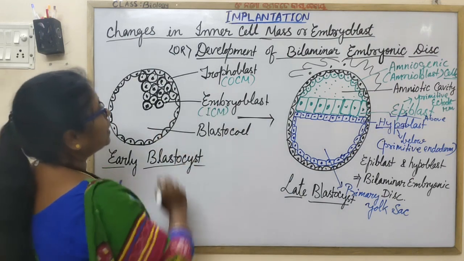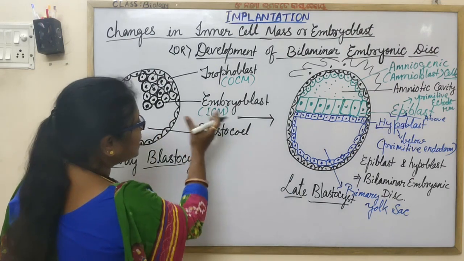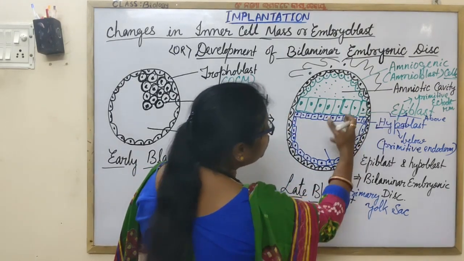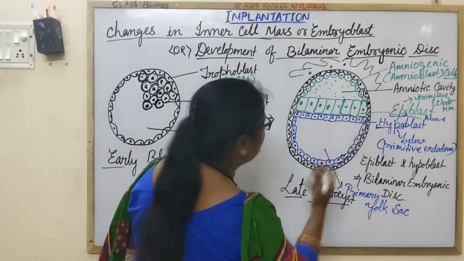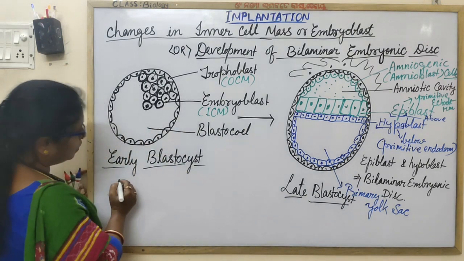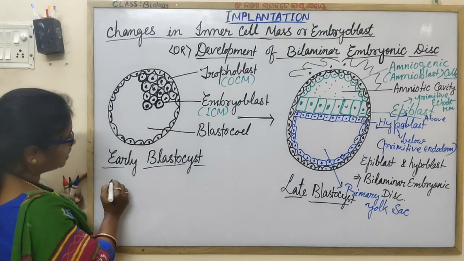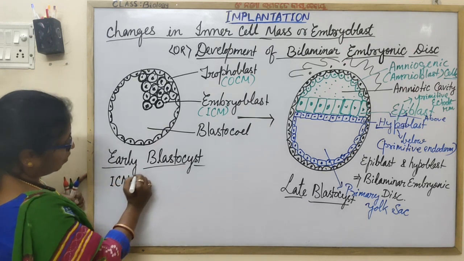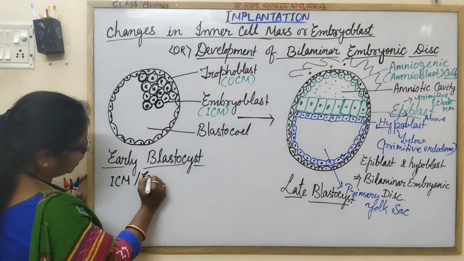The cells of the inner cell mass, which make the two-layered or bilaminar embryonic disc, consist of stem cells, the ICM, inner cell mass, or embryoblasts.